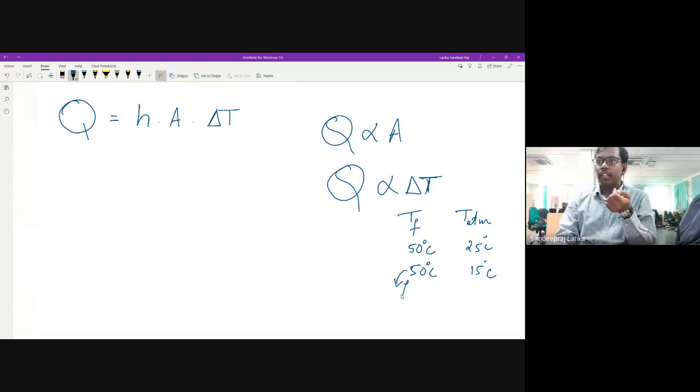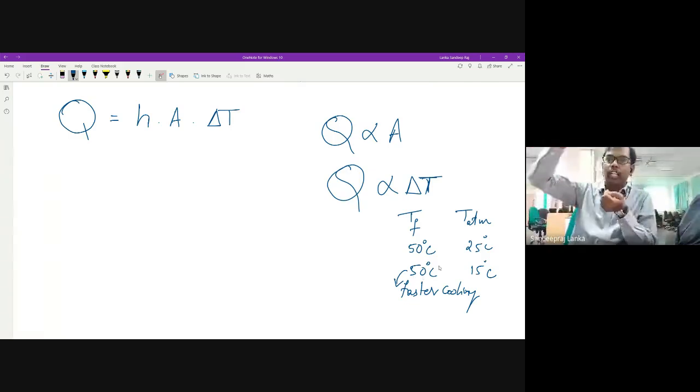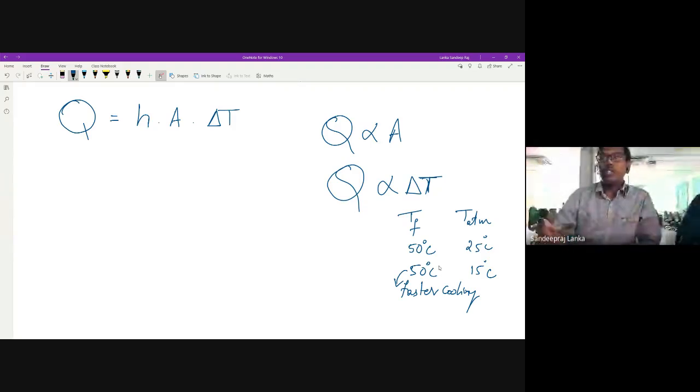This one will cool faster. Why? Because the atmosphere is already cold out there, the heat transfer will also be more. It is as simple as this. If you leave this pen from a very high height, it will go down at a faster rate. Same is the case with temperature. If the delta T increases hugely, so will your heat transfer by convection.